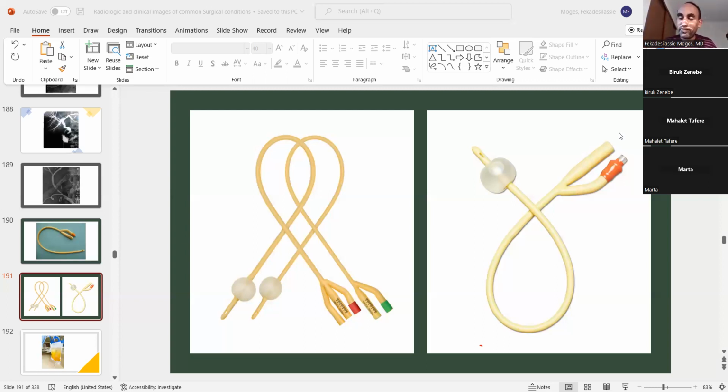Let's assume it's introduced into the bladder through the suprapubic region, and you introduce the saline through this one, it goes into the bladder, and this one, let's assume it's coming through the penis, will drain it, right? So you use two 2-way catheters, one suprapubic, the other through the urethra. That way you tackle the shortcoming of having only 2-way catheters.